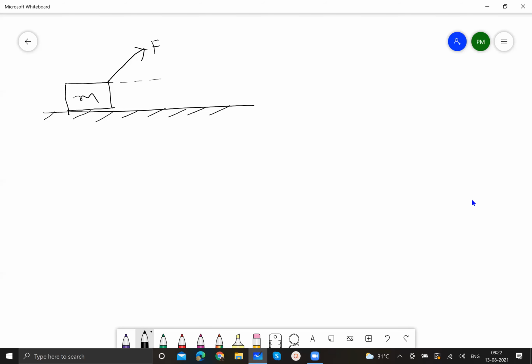Find the velocity of the body at the moment of breaking off the plane. Second, distance traversed by the body up to this moment.